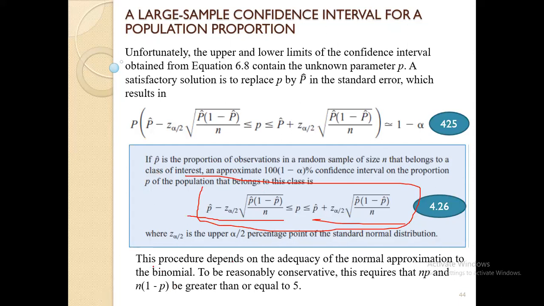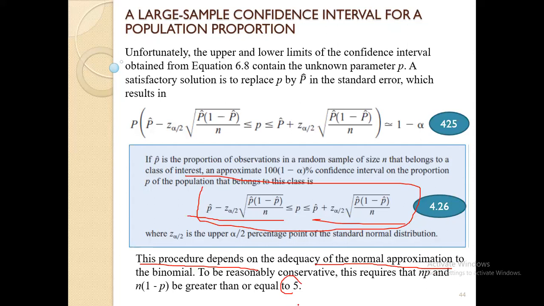For this case, there is a comment. The procedure depends on the accuracy of the normal approximation. This depends on the data approximating the normal in relation to the binomial. You can check this: if NP and N(1-P) are greater than or equal to 5, this technique can be accurate to apply to your data.